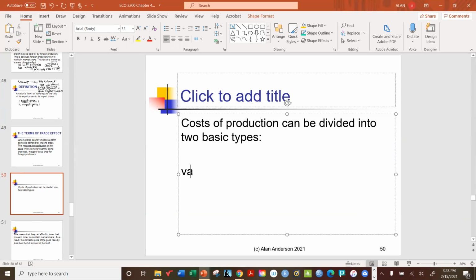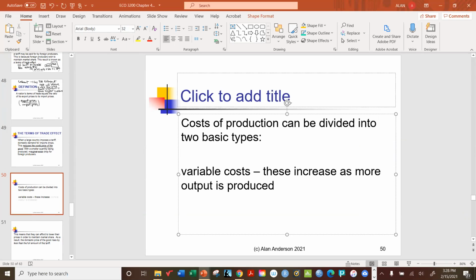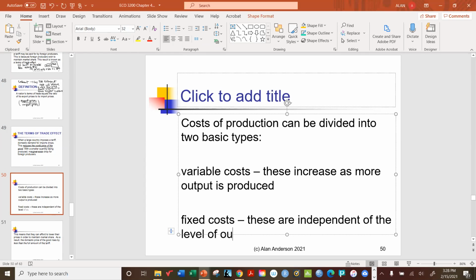We have variable costs. These increase as more output is produced. And then we have fixed costs, which do not change, or are independent of the level of output.